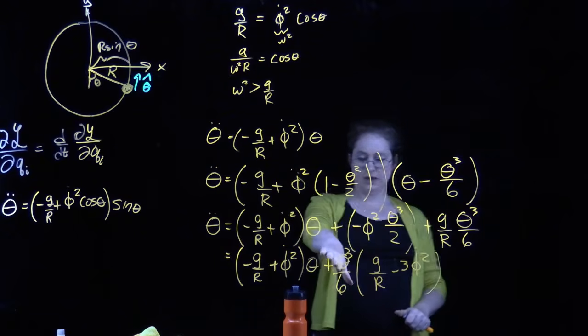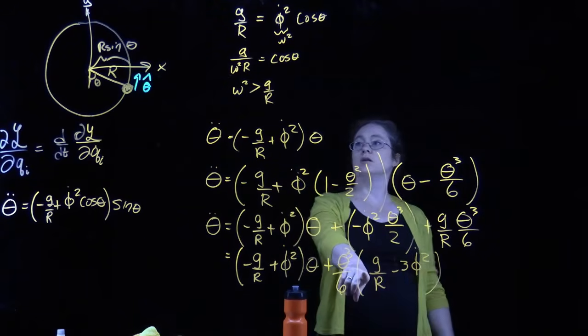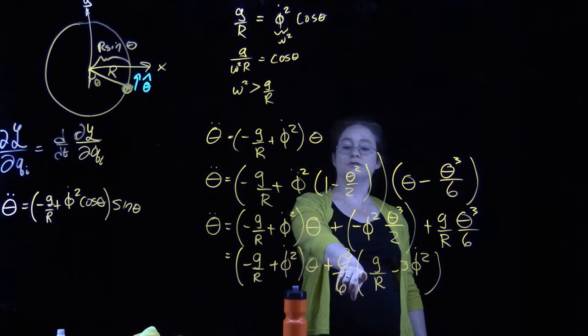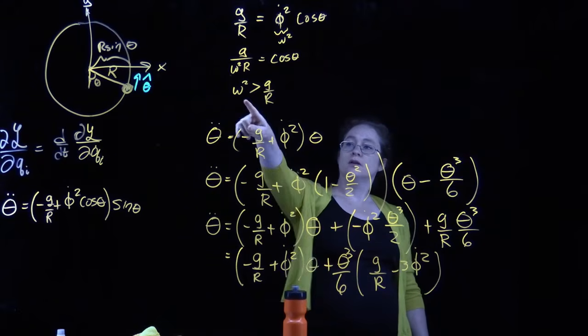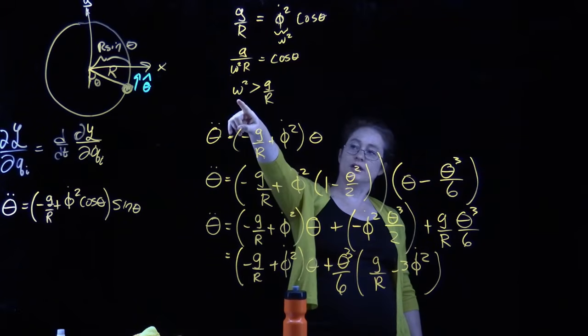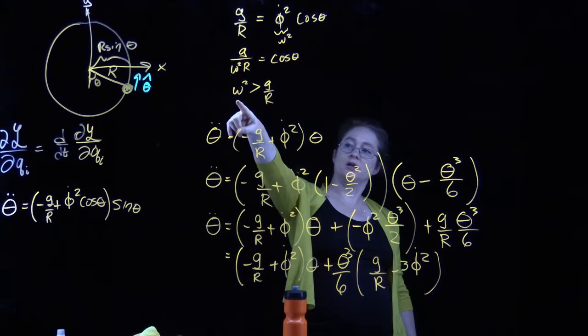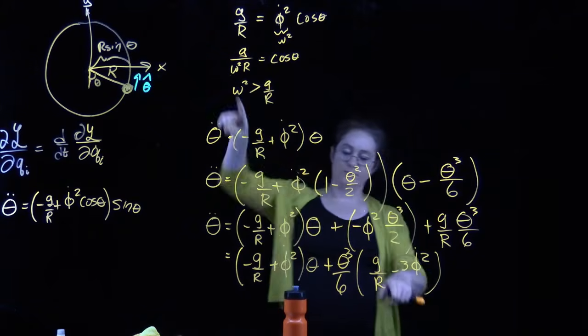So I have to have phi dot squared greater than g over r to have the equilibrium position.